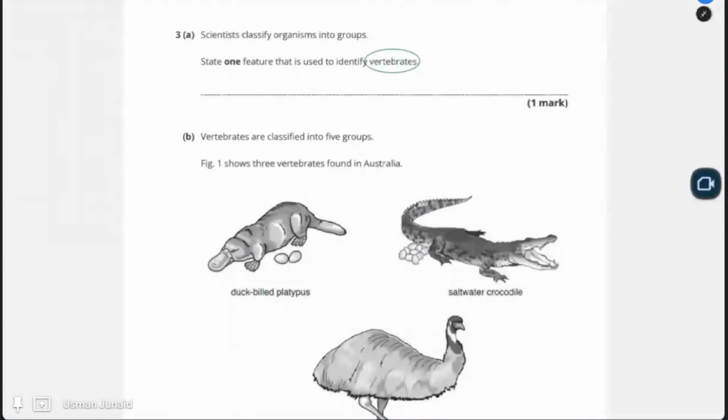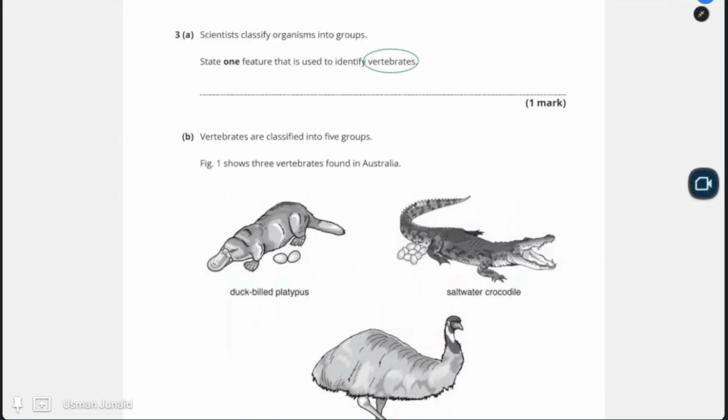There is one major feature. What does vertebra sound like?